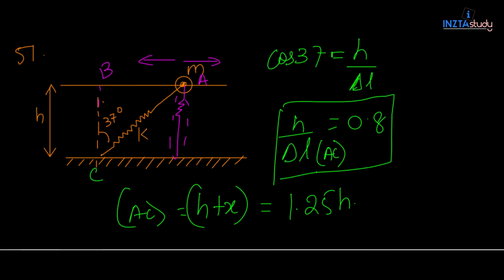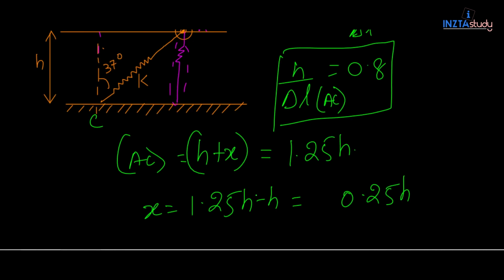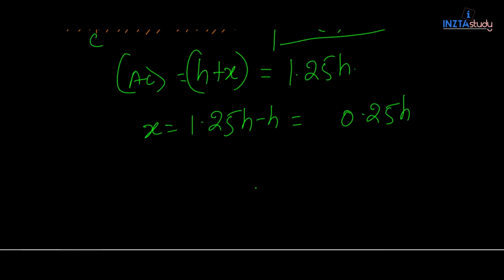Next step is to find the x value. We have h plus x equal to 1.25 h, so x is 1.25 h minus h, which is 0.25 times h.